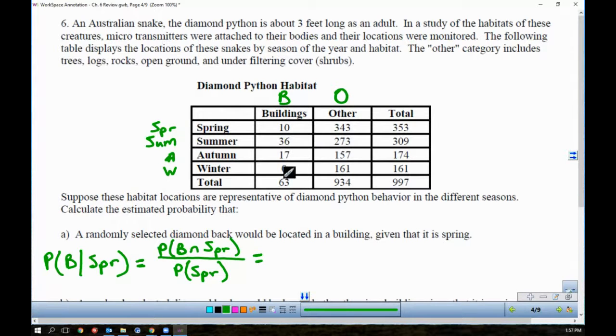Now, I know these aren't probabilities, but the concept actually is still the same. So what is the intersection building in spring? 10 goes on top. And then spring total, 353. So this would give us our probability.